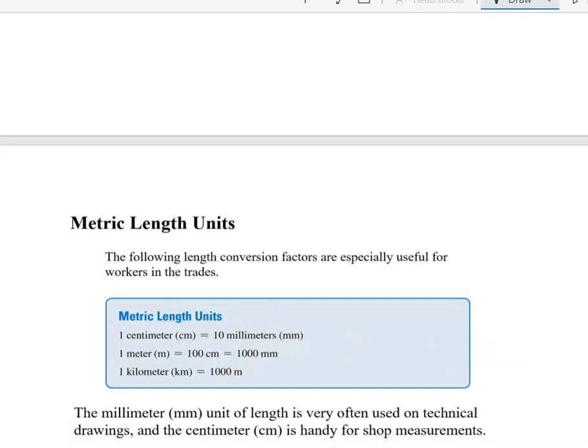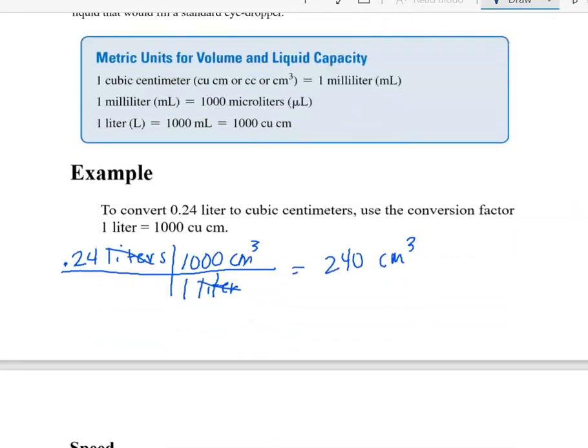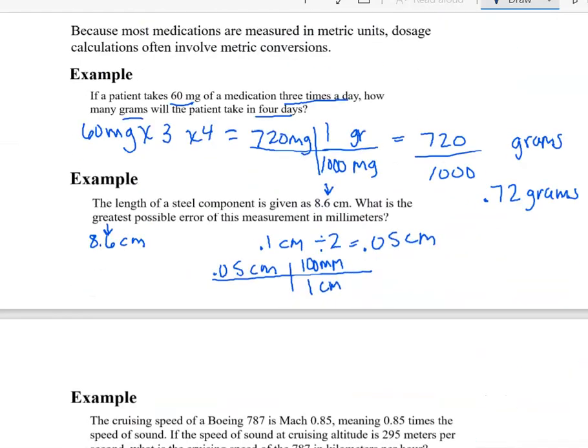You're right, 1 centimeter is 10 millimeters. So the centimeters would cancel out. Now, I want to know what the error is. So we would do 0.05 times 10, which would be 0.5 millimeters. That is going to be our error.